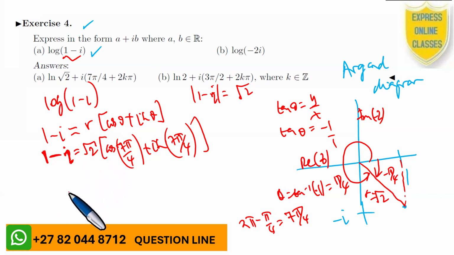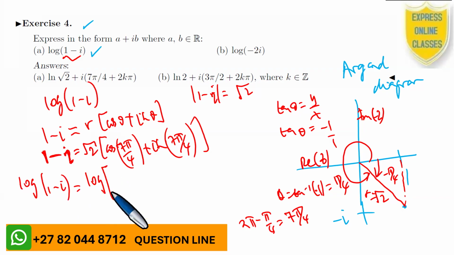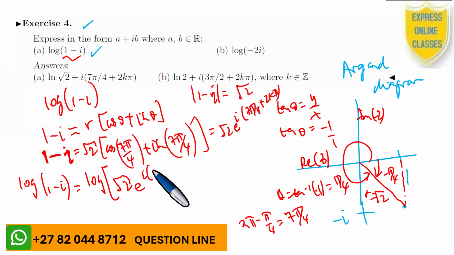So that in the end, we take the log. The log of 1 minus i is the log of the square root of 2. But this thing is normally written as the square root of 2 times e to the i (7 pi over 4 plus 2k pi). So 1 minus i is the square root of 2 e to the i (7 pi over 4 plus 2k pi).